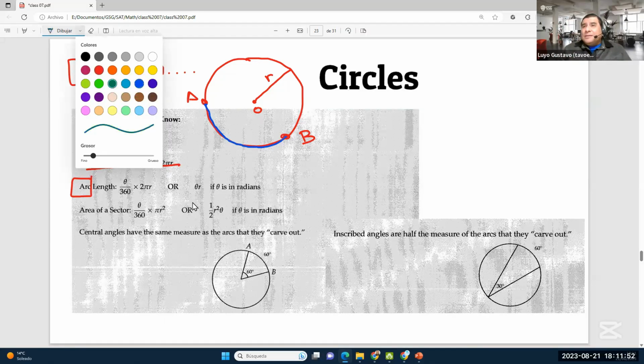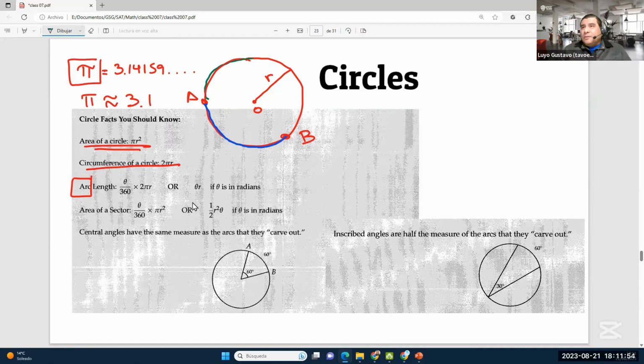For example, this. In both cases, you have an arc that starts in A and finishes in B. Obviously, there are two possible lengths. So the length of an arc can be estimated using this formula.